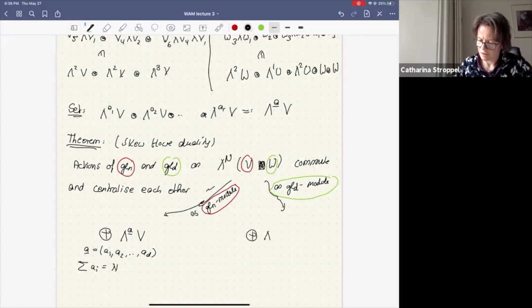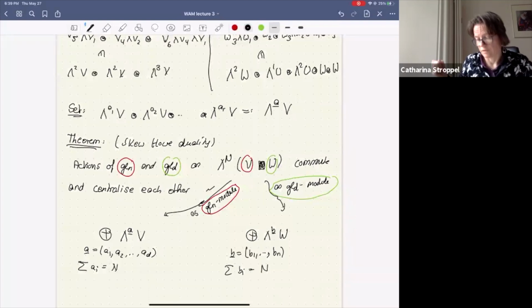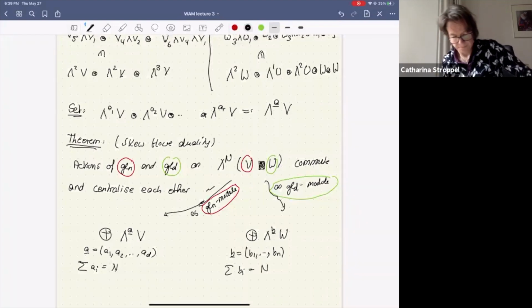I have wedge upper B of W. And this B is now a tuple of the form B1 up to the number of rows. And the number of rows is N. And the sum of the BIs is again the number of dots, which is the capital N.